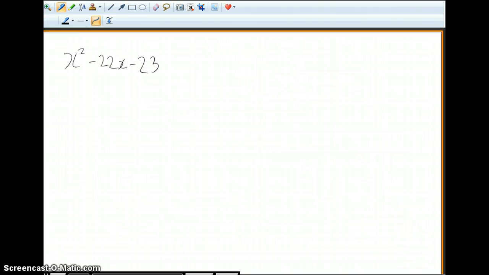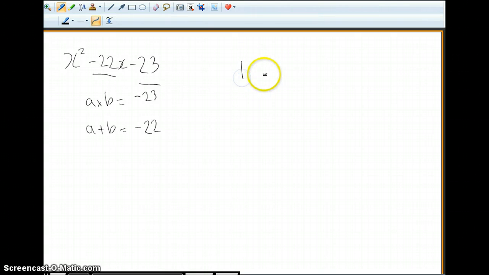And we've got another problem here. Again, we're looking for A and B, so that A times B gives minus 23, and A plus B should give minus 22. Factors of 23, 1 and 23. It must be these two. They also happen to give a difference of 22. So it looks like we're on the right track.